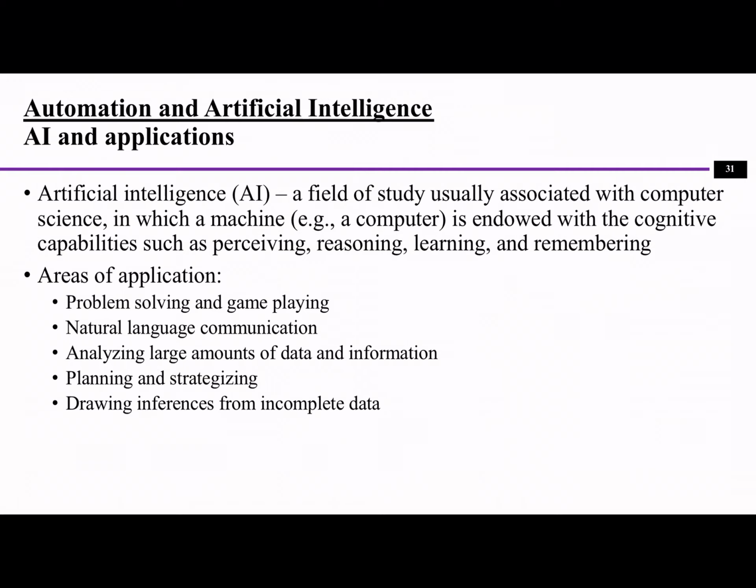And the application areas of AI include these more general functions: problem solving, game playing, natural language communication, analyzing large amounts of data, planning, strategizing, and drawing inferences from incomplete data.